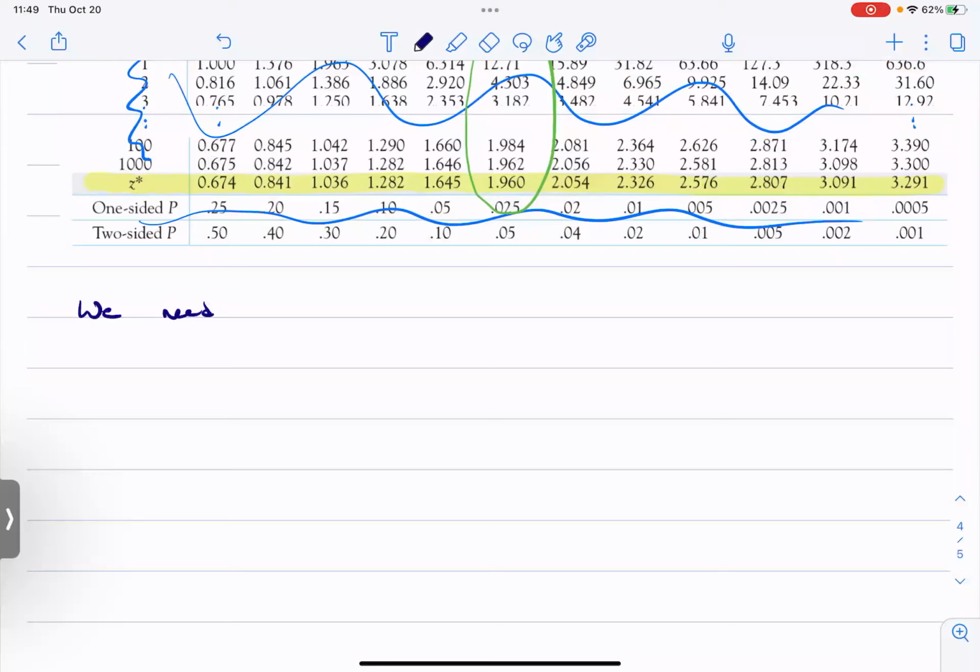So the interpretation is going to be the big part of these problems. Now the problem is there are a lot of ways to misinterpret this confidence interval. So what I'm going to do is give you this kind of canned statement that you're always going to use.